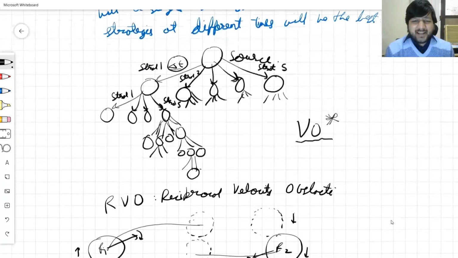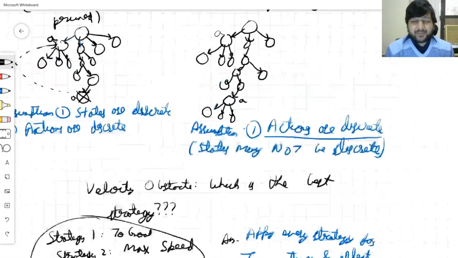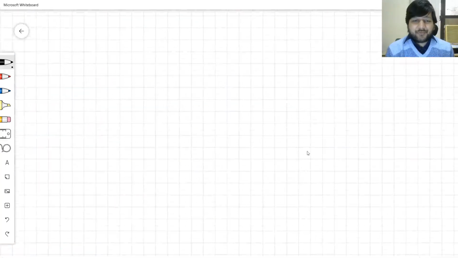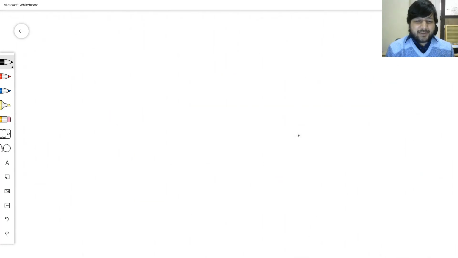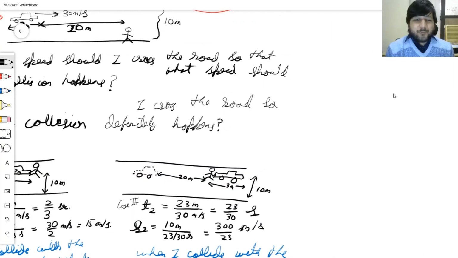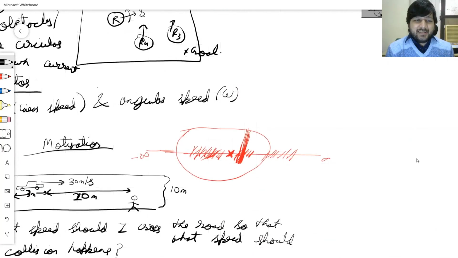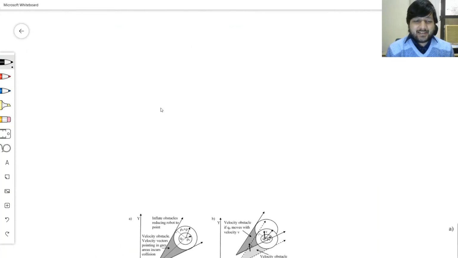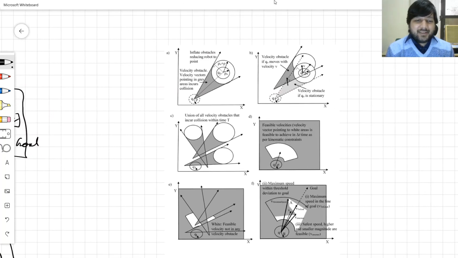I'll just summarize velocity obstacle before I end this component of the offering. So here basically what we did was that we started off with the intuition that I should know at what speed I will definitely incur a collision.